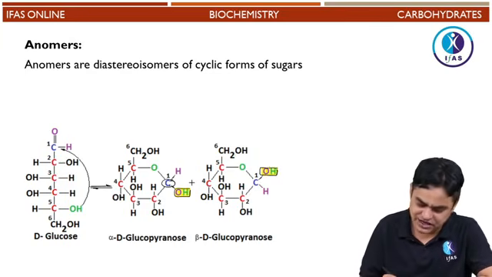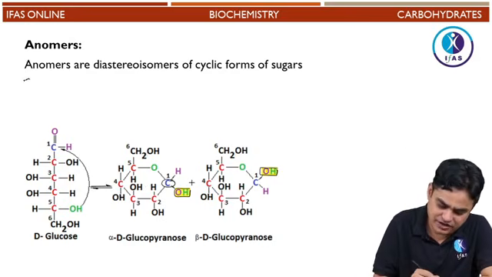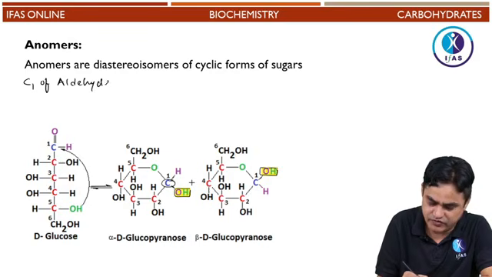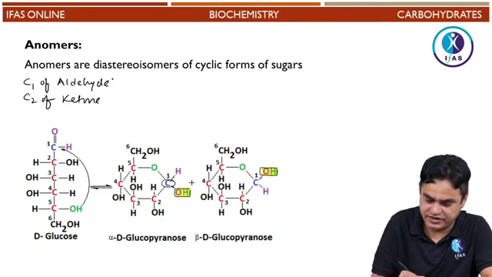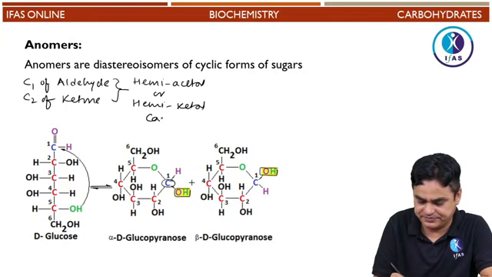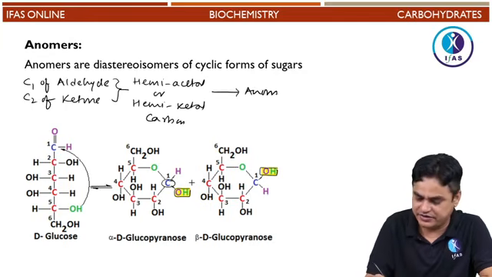This first carbon is referred to as carbon 1 of aldehyde, as we have already mentioned, or carbon 2 of ketones, is referred to as hemiacetal or hemiketal carbon. It is also referred to as anomeric carbon.